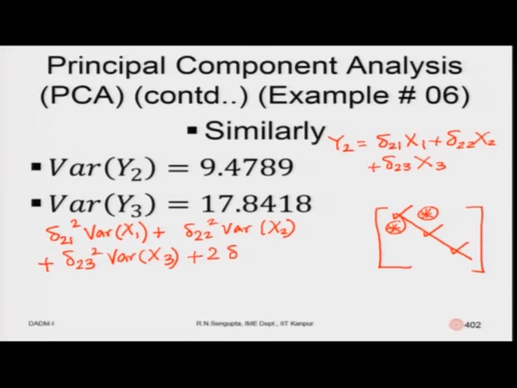So, I should have basically written this as delta 1 1 for the first case. Just wait, because the nomenclature may get a little bit confusing. So, I want to basically settle it out.